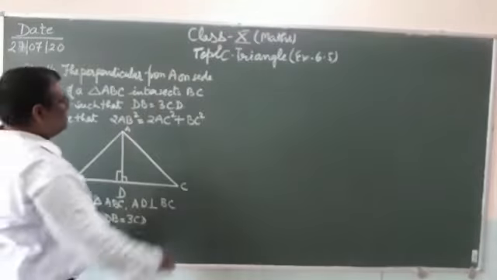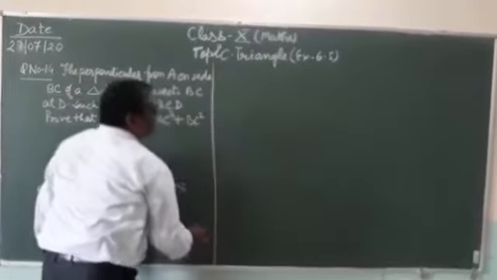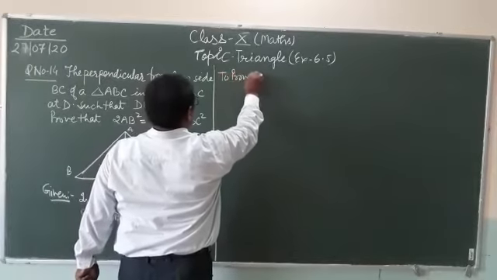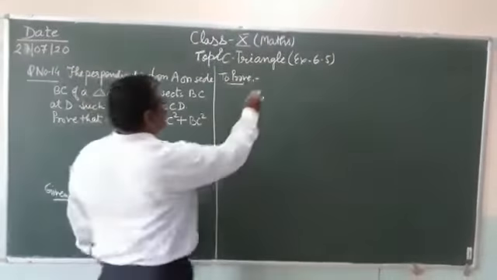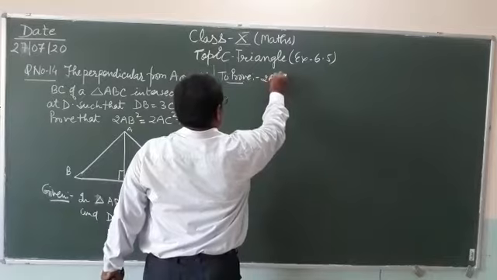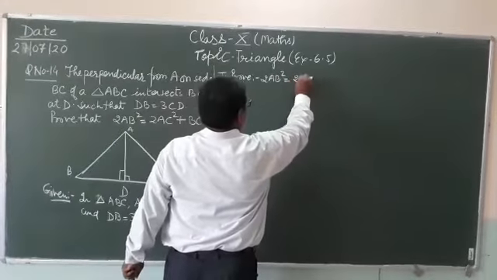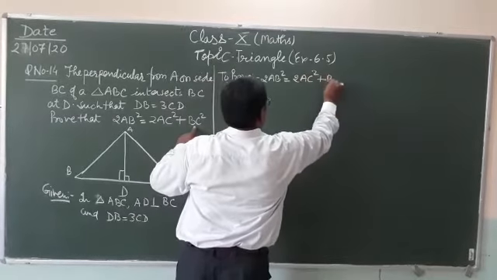Now what is our proof? To prove: 2AB square is equal to 2AC square plus BC square.